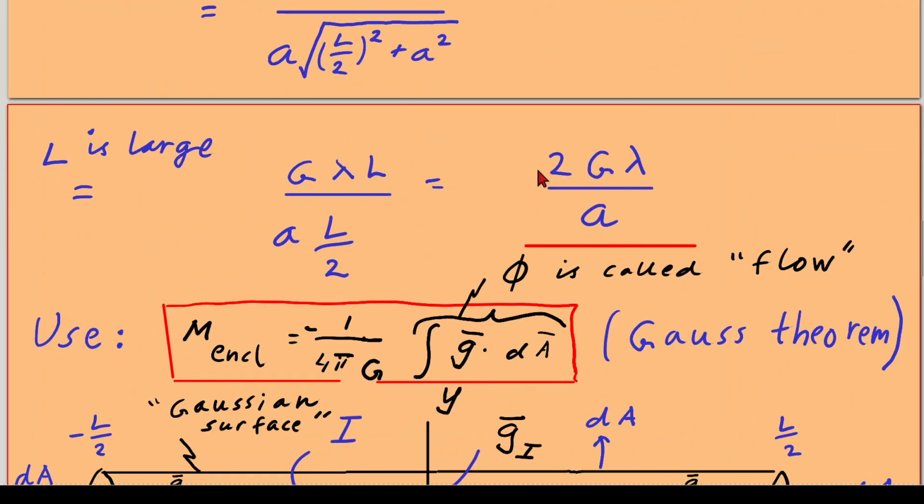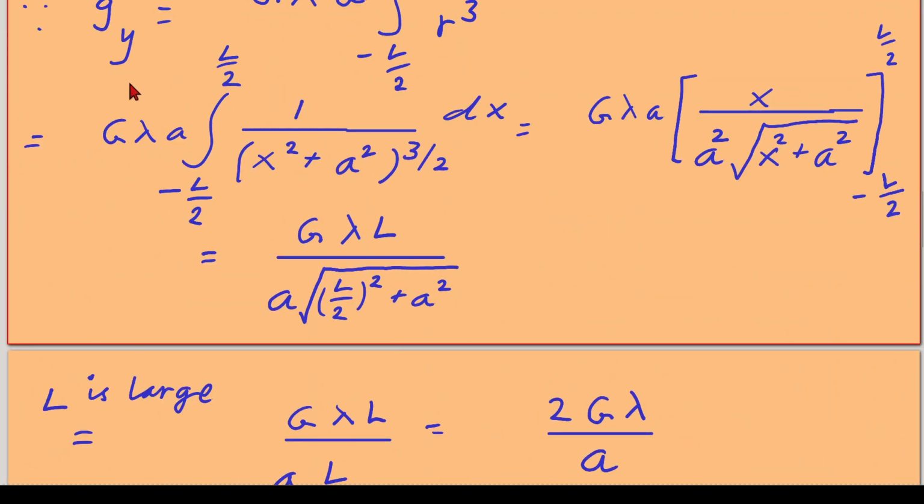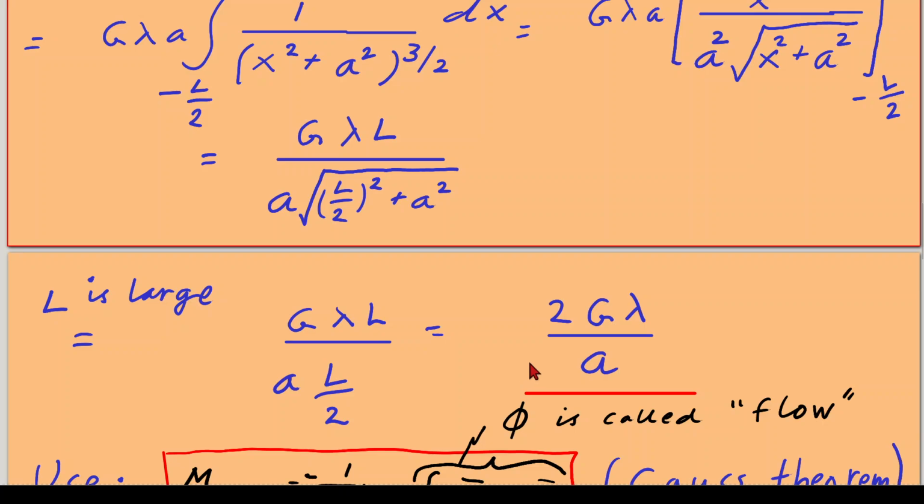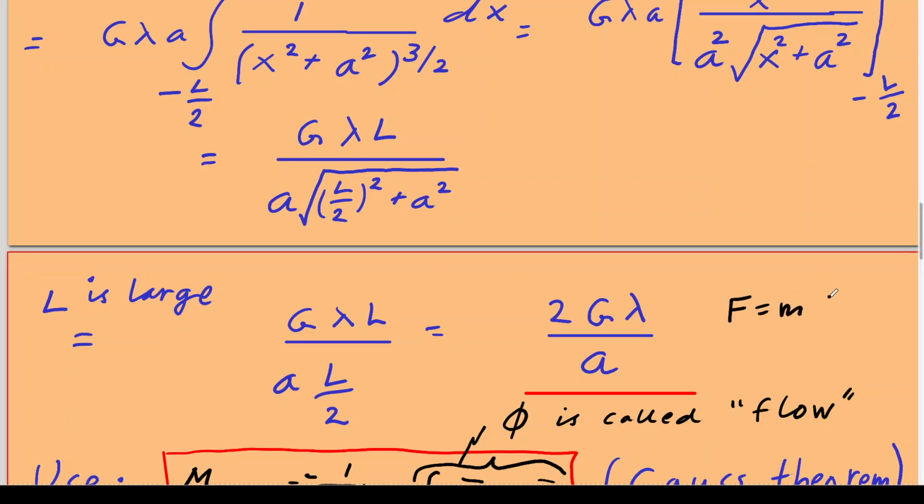So here is the field g_y, and times m2 will be the force. Of course, the force equals m2 g_y, if you were a particle over there.